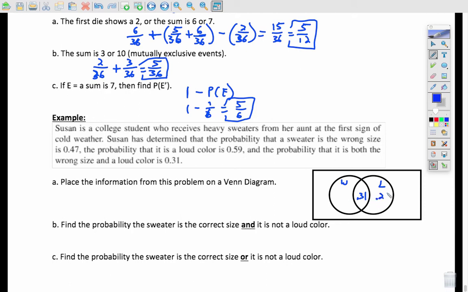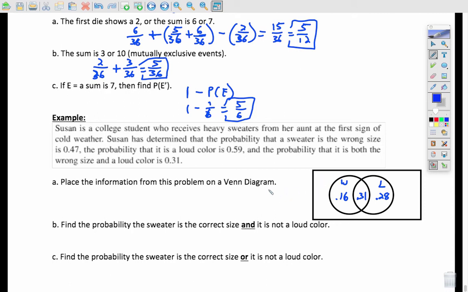For the loud color, it's 0.59 total, and if 0.31 of it is in the intersection, then 0.28 is going to be out here. For the wrong size, if the total is 0.47 and 0.31 of it is in the intersection, then 0.16 is out there.